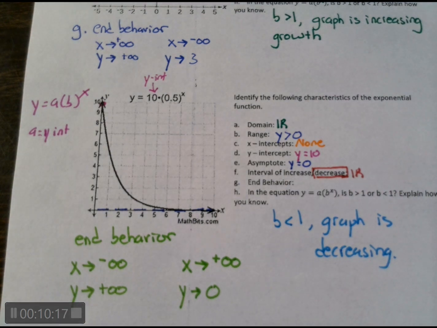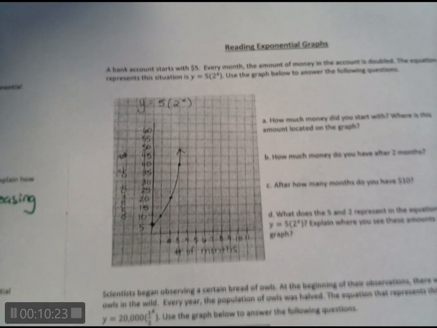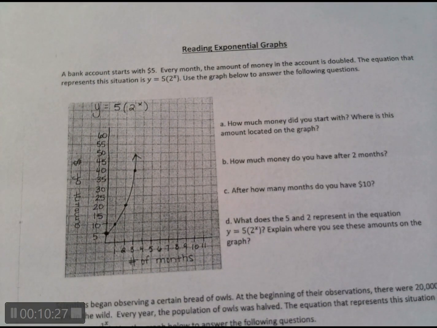So then next, we are going to take a look at reading exponential graphs. I know we're doing a lot today, but we're doing good, okay? Alright, so we have a bank account that starts with $5, and every month the amount of money in the account is doubled. The equation that represents this situation is y equals 5 times 2 to the x. Wow. So the amount you start with is 5.